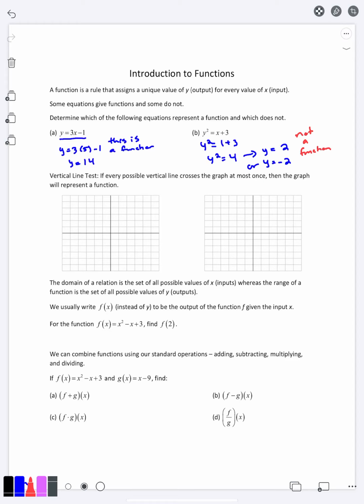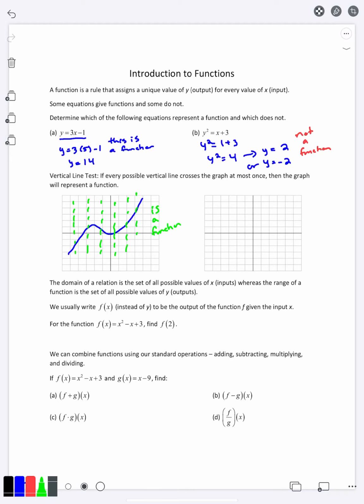Now it turns out that if you have a graph, a picture, it's really easy to determine whether it is a function or not. And that's going to be something called the vertical line test. So how is that going to work? The idea is if you have some sort of a graph here, and if you were to draw vertical lines anywhere you want, if that vertical line never crosses your graph more than once, then this is a function.